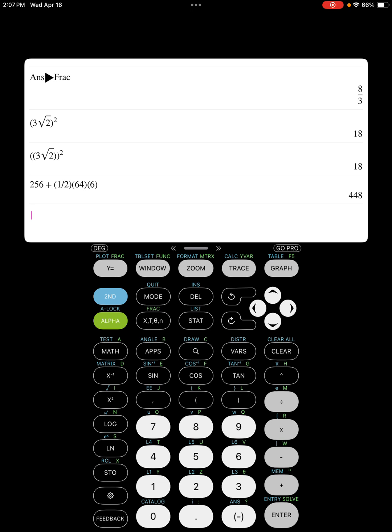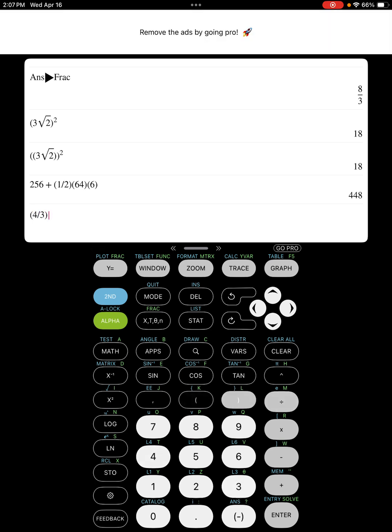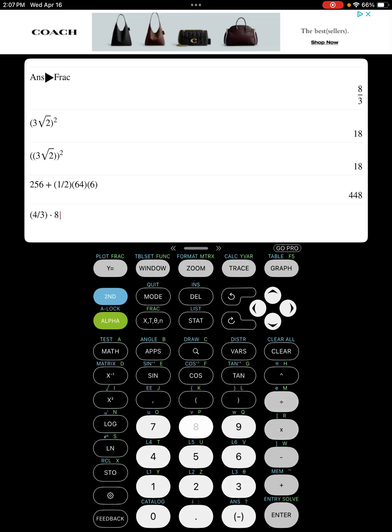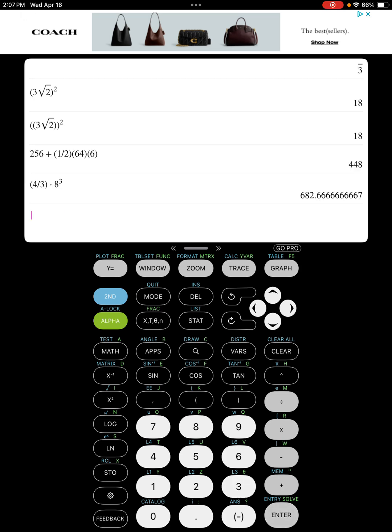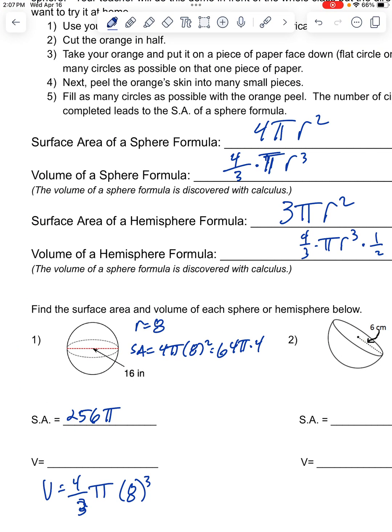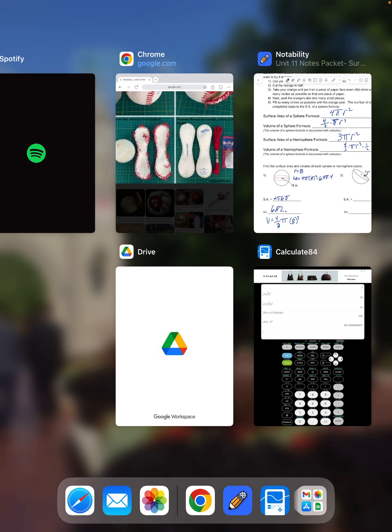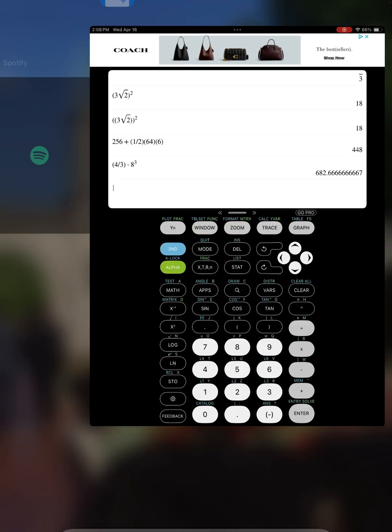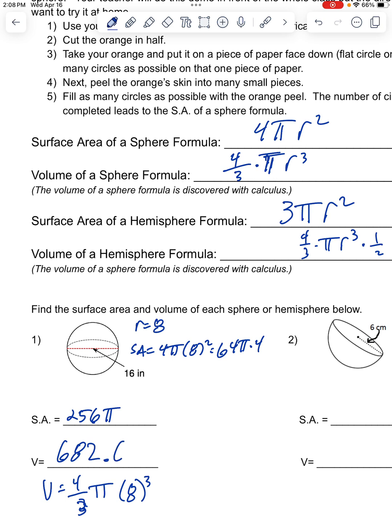Use parentheses: 4 divided by 3 times 8 to the 3rd. Enter. And you may get a lot of decimals, and that's totally okay. It's 682.67. And put pi and then inches cubed, and this should have been inches squared.